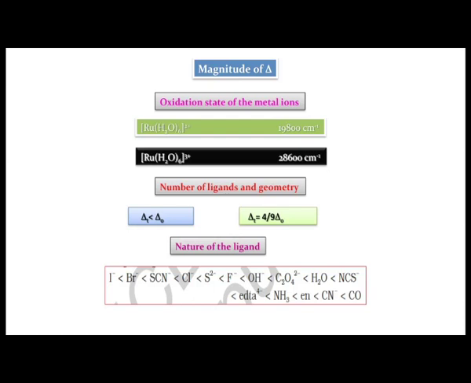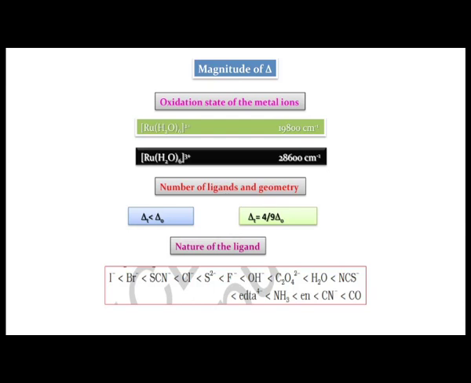So, ruthenium in the bivalent state gives a 19,800 inverse centimeter separation, which can also be measured in terms of the wavelength lambda in nanometers. But if we move to its trivalent state, you see it is changing from 19,800 to 28,600 inverse centimeter.